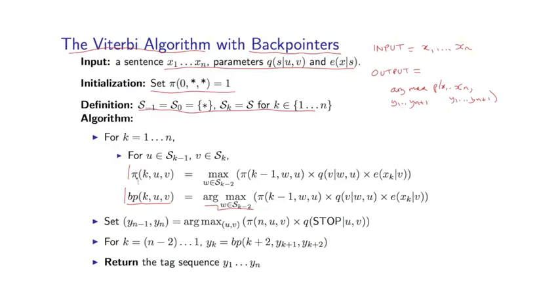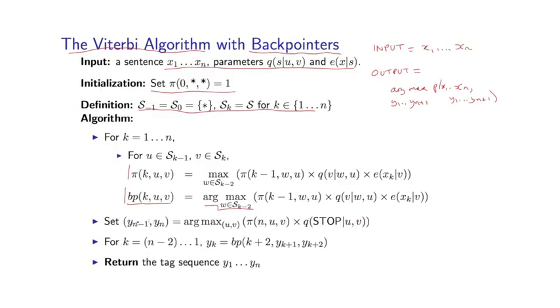So once we've filled in these pi values and the backpointer values, we can actually find the highest scoring tag sequence by going backwards through the sequence at the end of this algorithm. So here's how this works. After this loop is completed, I say (y_{n-1}, y_n) is the uv pair that maximizes pi(n, u, v) times q(STOP | u, v).